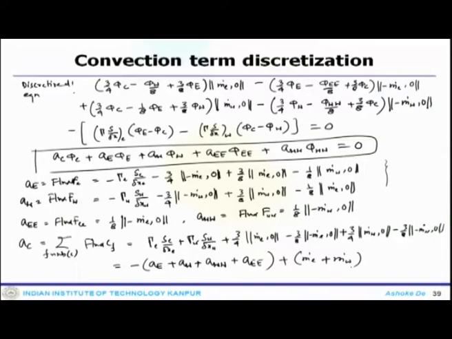And for this QUICK scheme, if you analyze the truncation error, it turns out to be 1/6 del x cube minus 3/128 del x to the power 4 phi C 5 and so on.